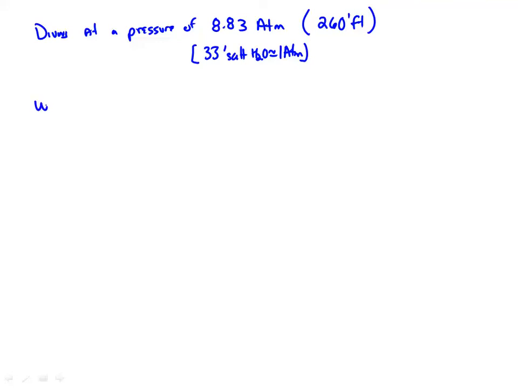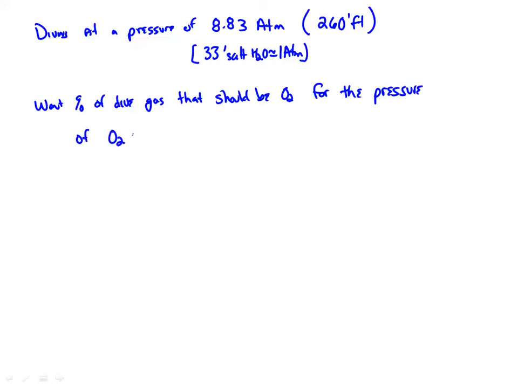So we want the percentage of dive gas that should be O2 for the pressure of O2 to equal 0.21 atmospheres, which is what it is normally.